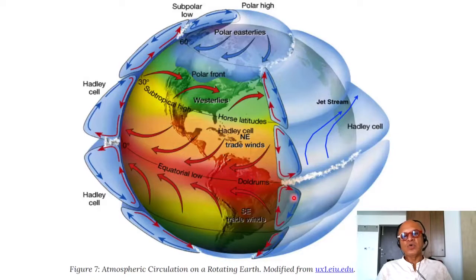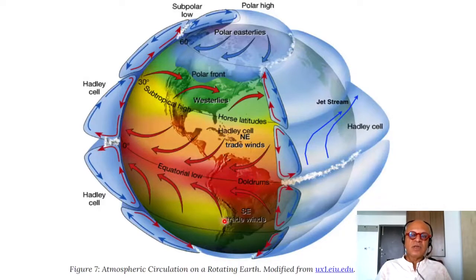So you end up with this cell here, with converging air, without worrying about the asymmetries about the equator, which we will add later on. Just assume again a rotating planet with no land, just water, for example. The convergence into the rising air is going to be tilted: air wants to come from higher pressure towards lower pressure, Coriolis is pushing to the right, so you end up with these northeasterly trade winds.